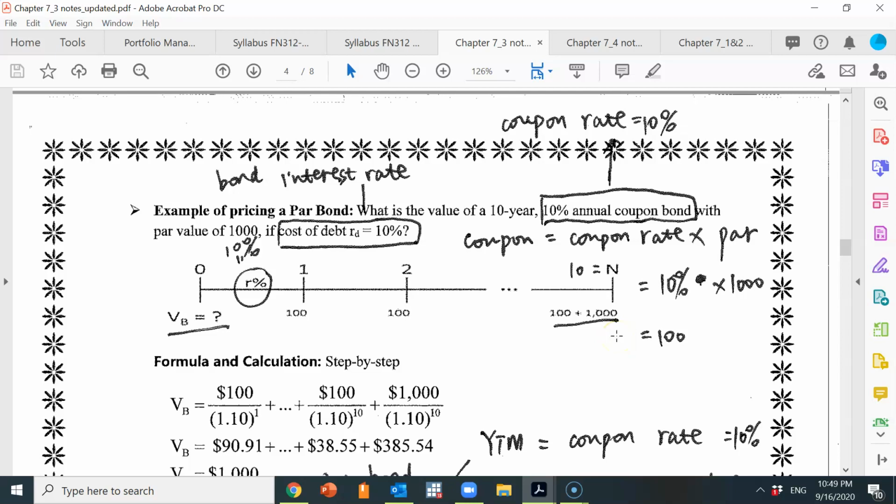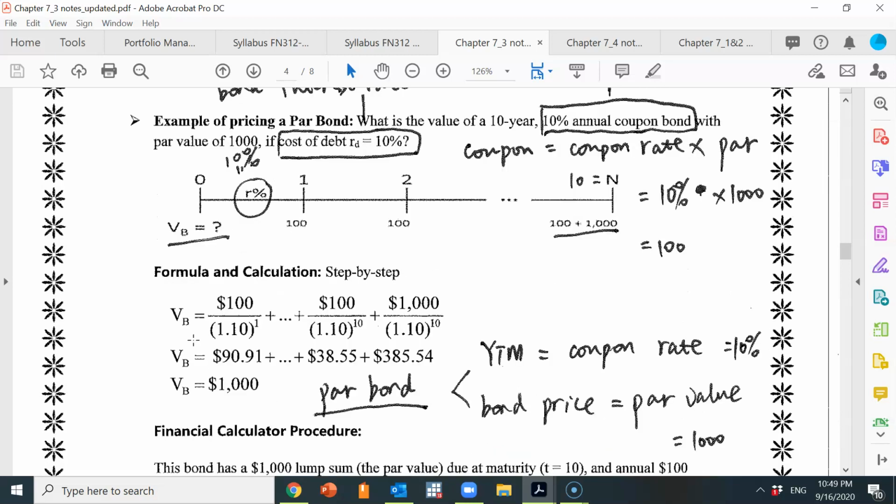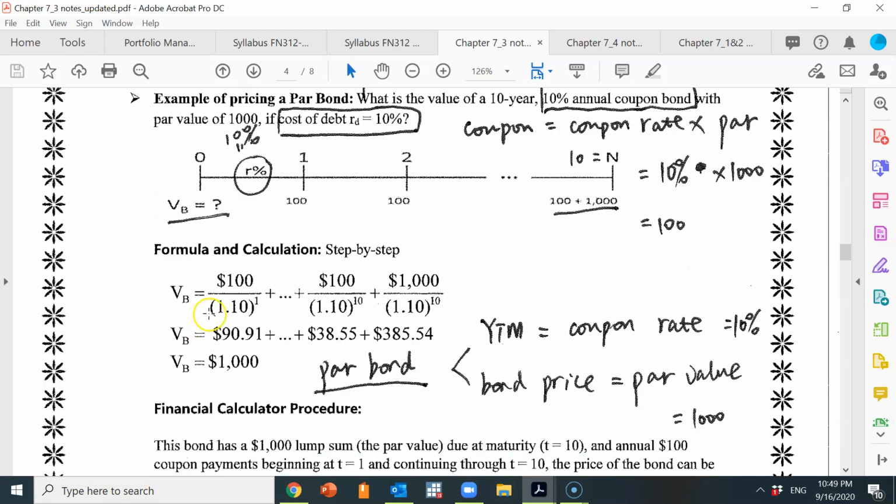If we want to solve for the value of the bond, we need to discount all the future cash inflows to present, to time 0. That would be the bond price. We can do it by formula, by discounting these 100s one by one. For the first 100, we divide by 1 plus 10%. For the last 100, we divide by 1 plus 10% to the power of 10.